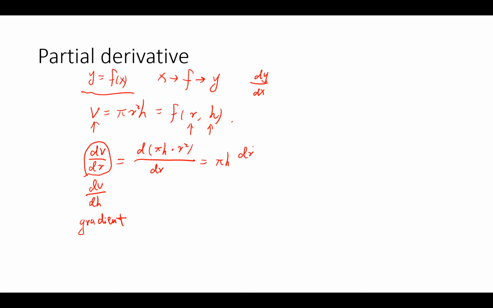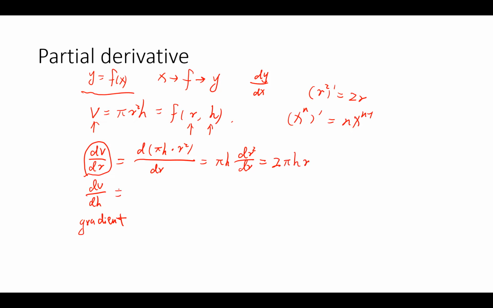We have d r squared over dr. When we take the derivative of r squared, the result will be 2r, based on the rule for the derivative of a power function. The rule is that for x to the power of n, the derivative is n multiplied by x to the power of n minus 1. This is the rule we're using. So the result is 2 pi h r.